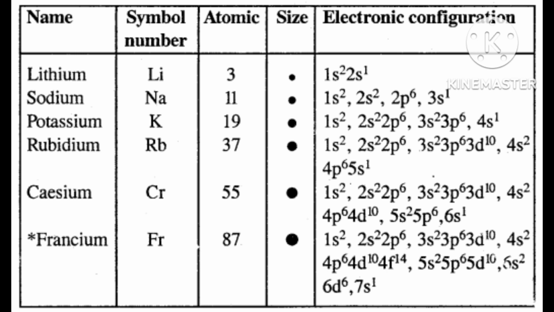The outermost electron is very well screened from the nuclear charge, because as we go down, many electrons will be there in different orbits. They behave as a screen, and the nucleus effect will be less on the outermost electron. That's why ionization energy will decrease.